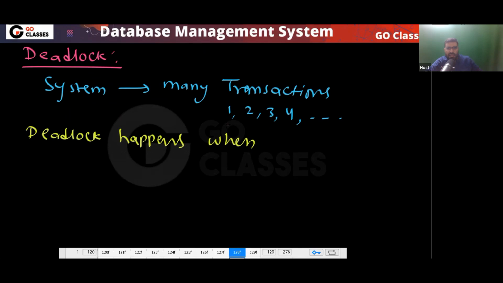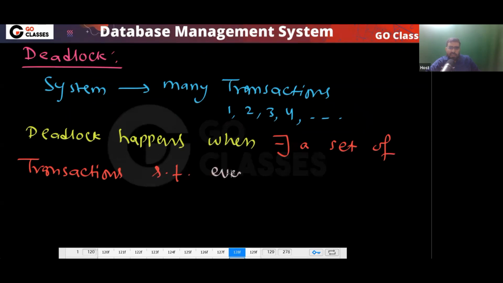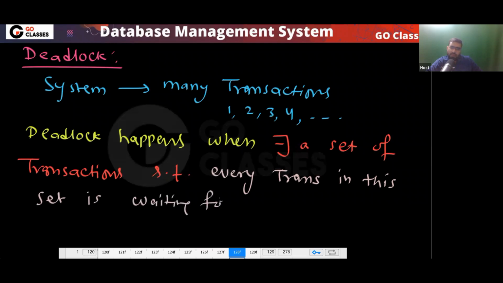Please understand that we don't need all the transactions, but there exists a set of transactions such that in this set everyone is waiting for another. Basically, every transaction in this set is waiting for another transaction to release locks.